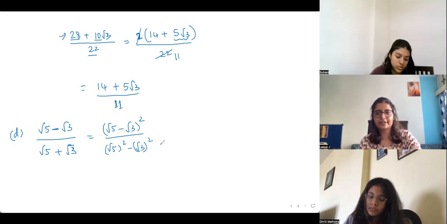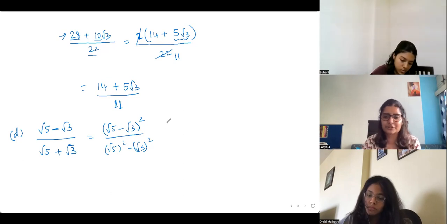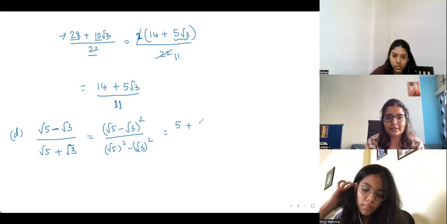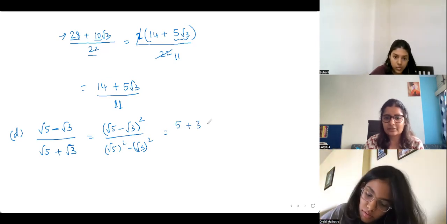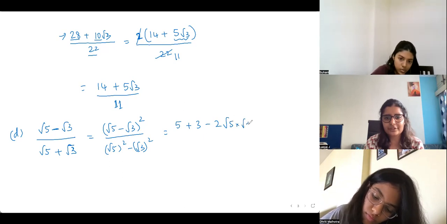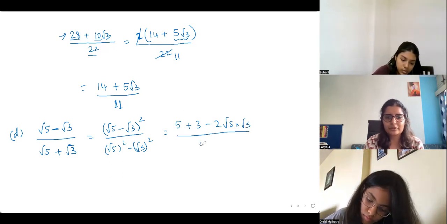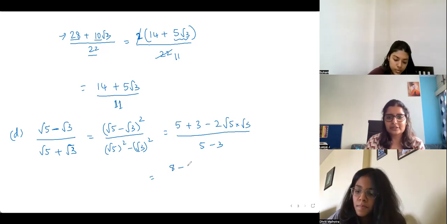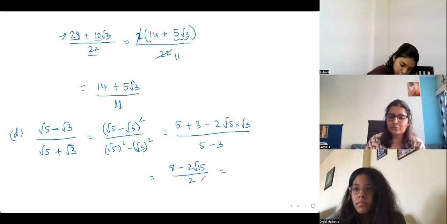Both of you got it correct because 5 plus 3 हो जाएगा ना इधर. Yes. So 5 plus 3, 8, minus 2 times root 5 into root 3 upon 5 minus 3. So 8 minus 2 root 15 divided by 2. So take 2 common. So 2 4s are, minus root 15.